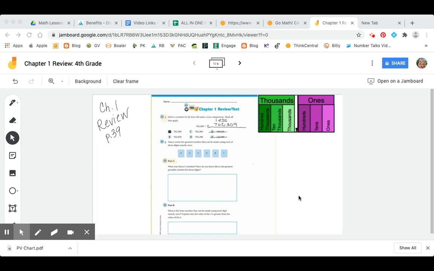I still have to pick more numbers because it says choose all that apply. This one says 703,029. I think that's right. I'm going to put my target number, 703,209, over here under my place value chart, and write the other one down below so that I can compare them, because they're kind of similar.